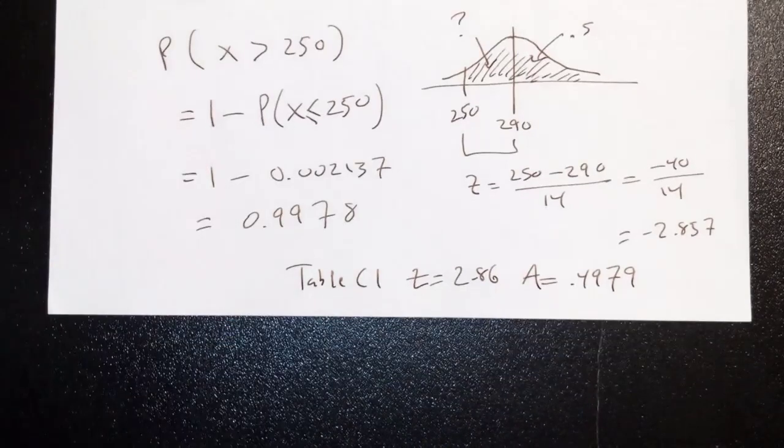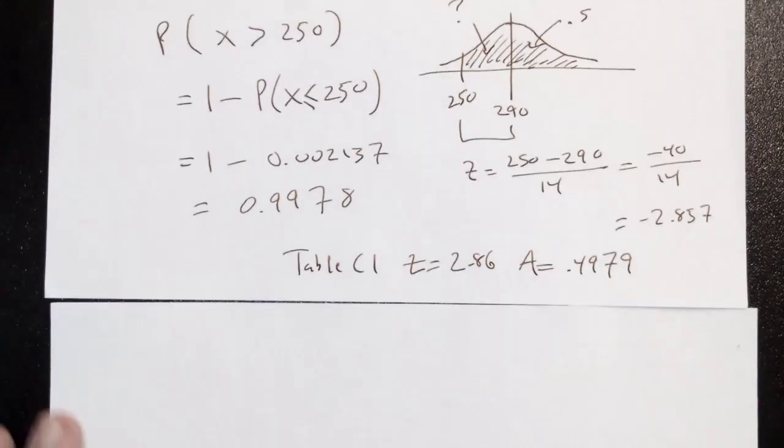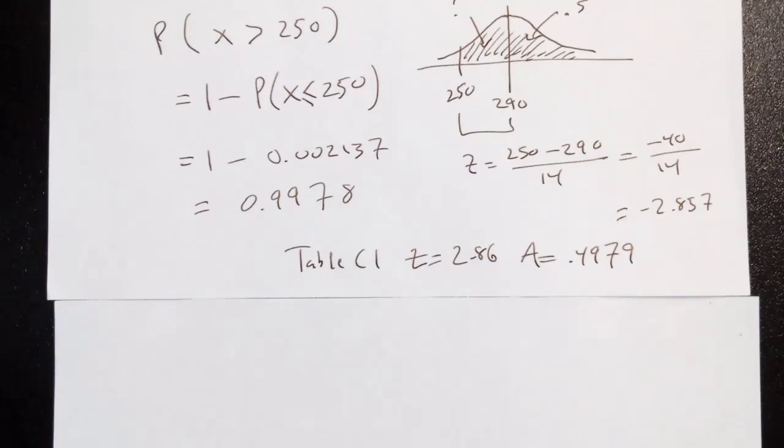What do I do with that number? And that gives me 0.9979 versus 0.9978, right? The difference is in the fourth decimal place. It's a rounding error. It's perfectly fine.